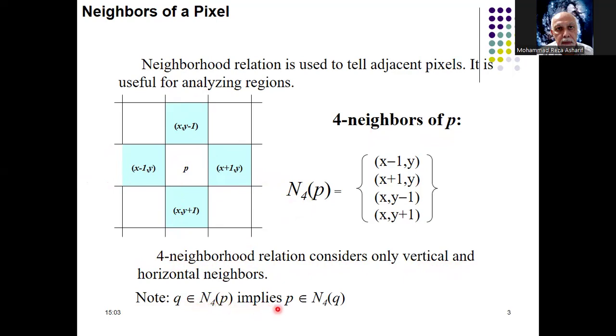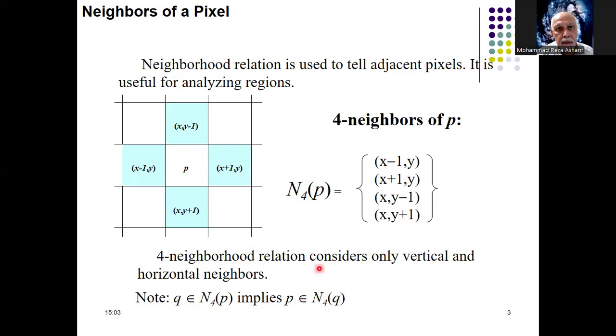For instance, this is pixel P, and this is pixel Q. If Q is included in this set of four neighbors of P, then if the main point is Q, P is also included in N4(Q). So this is a two-sided relation.